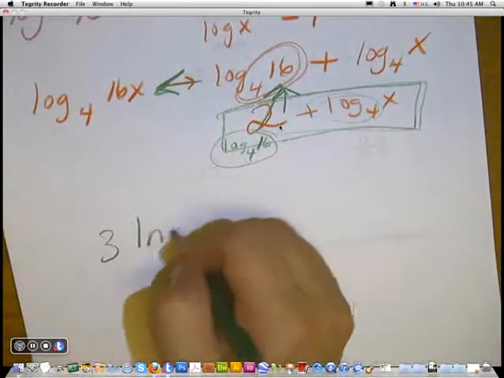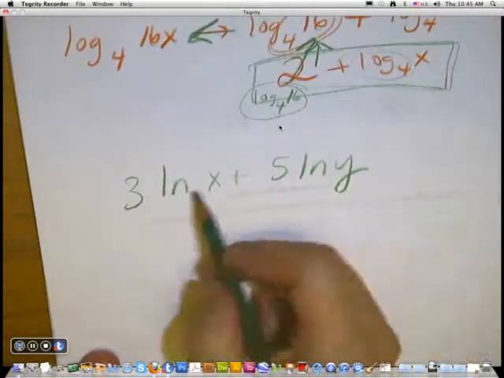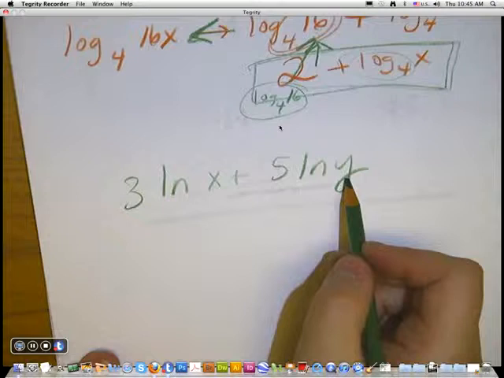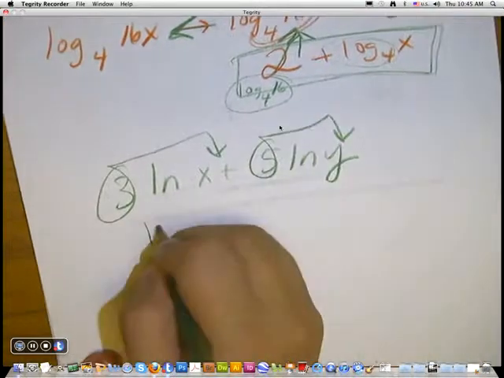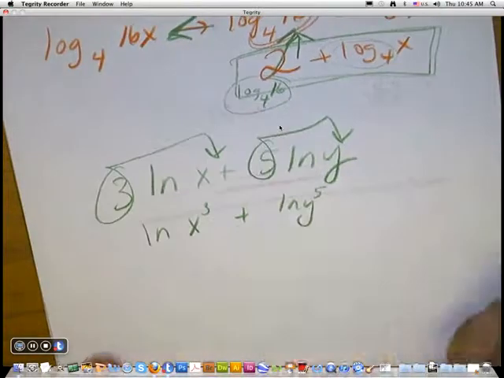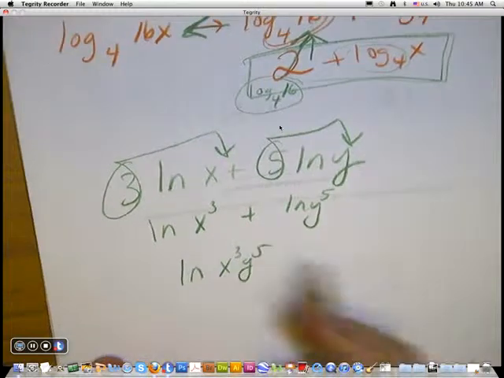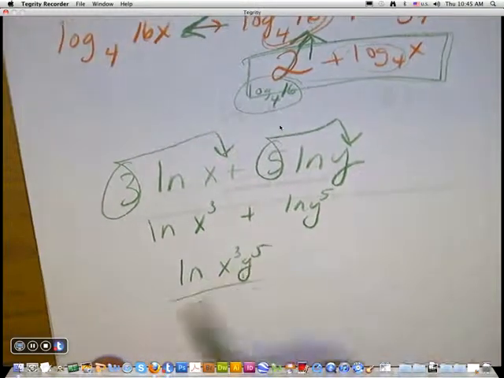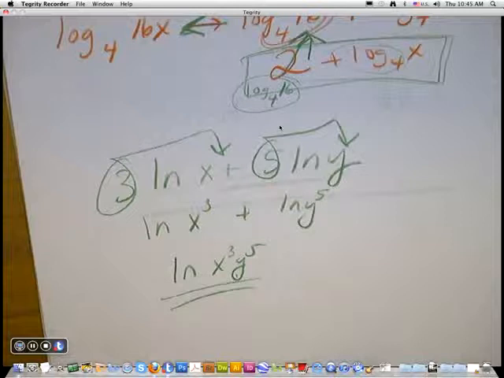So if I had 3 natural log x plus 5 natural log y, it's expanded, so I'd be looking to condense. Exponent moves up, so natural log x cubed, natural log y to the 5th, and then plus means write as one log, and plus is multiply. So make sure we can go in both directions, expanding and condensing, and that's logs 3 and 4.